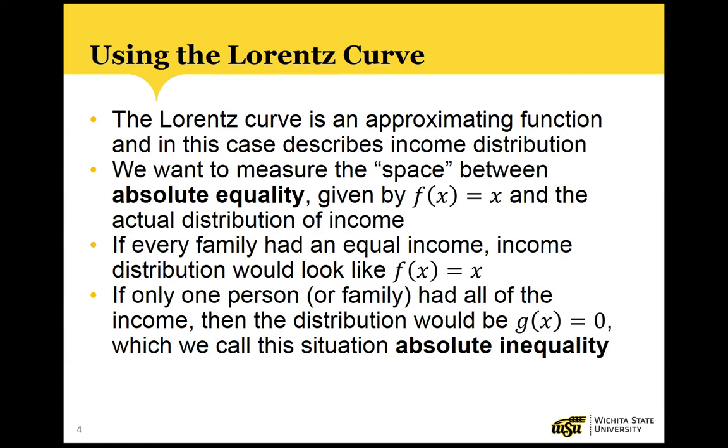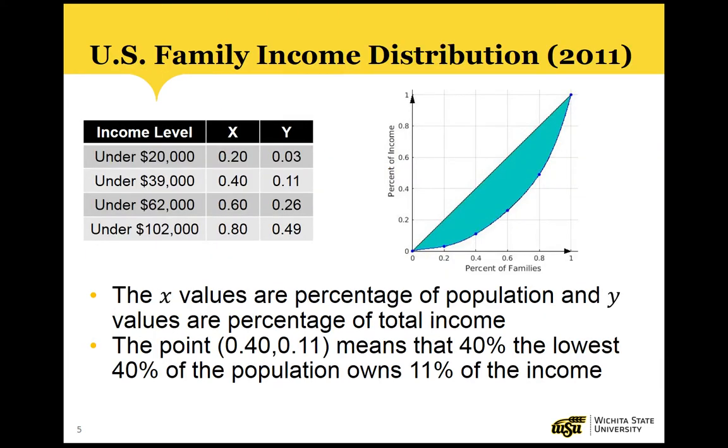If only one person or family had all of the income, then the distribution will be g of x equals 0. We call this situation absolute inequality. This is more clearly demonstrated by the following image.